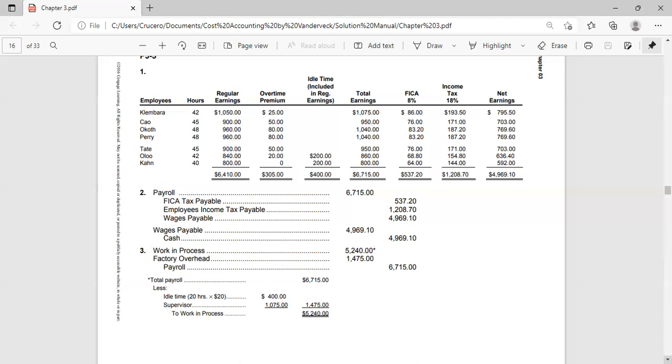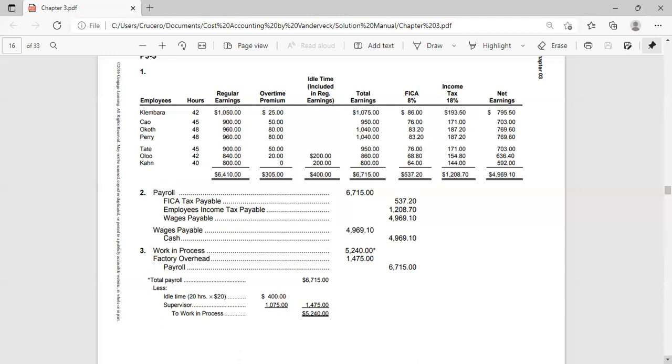So the pay of Klimbara is equal now to 1,050 for the regular earnings, and Cow, that means 45 times 20.